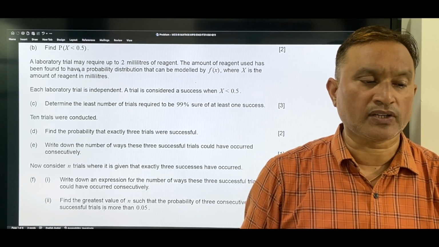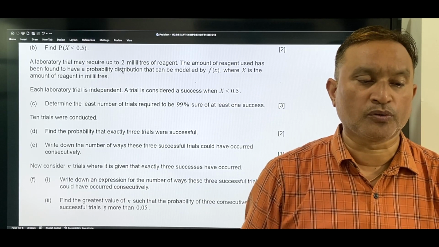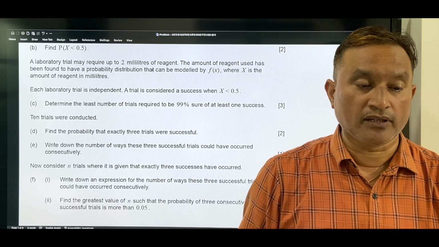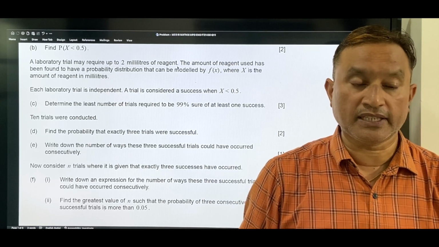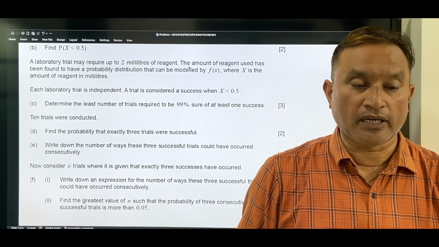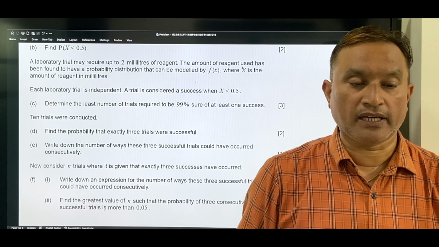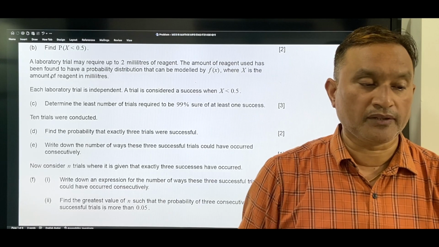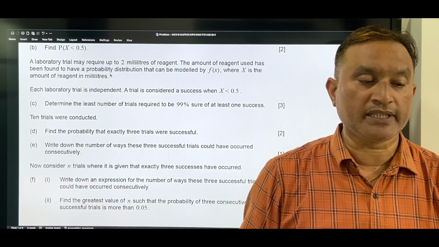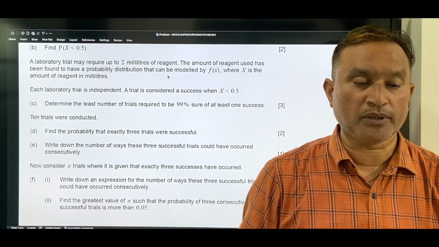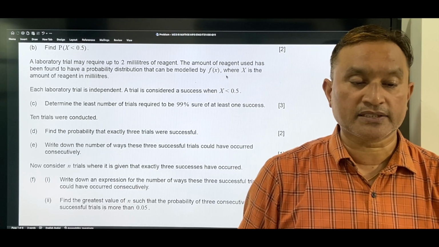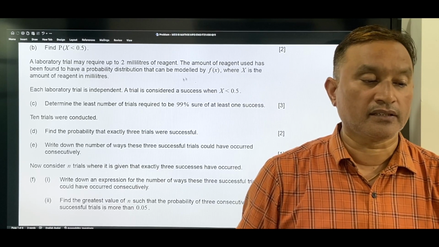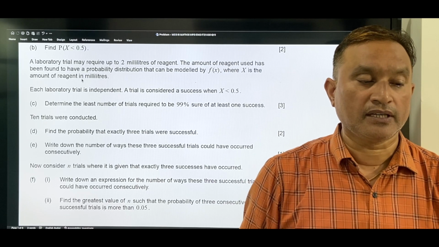A laboratory trial may require up to 2 milliliters of reagent. The amount of reagent used has been found to be a probability distribution that can be modeled by f(x), where x is the amount of reagent in milliliters.